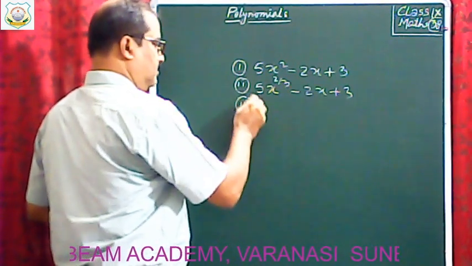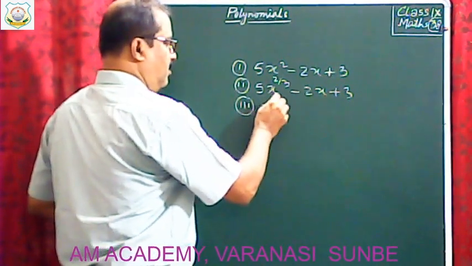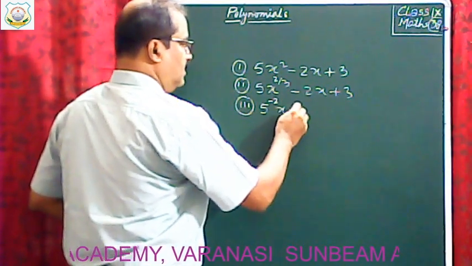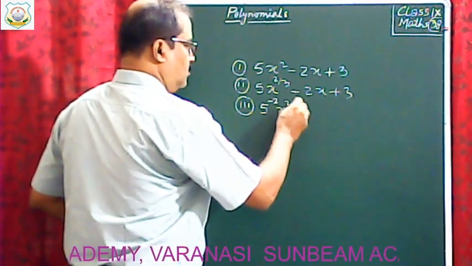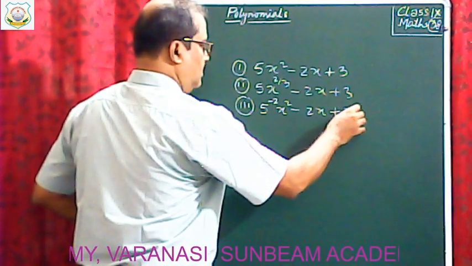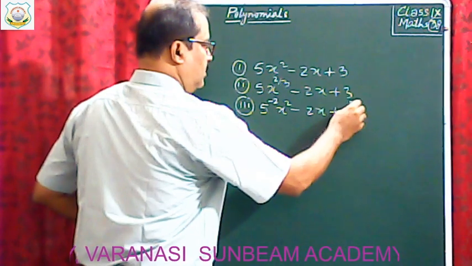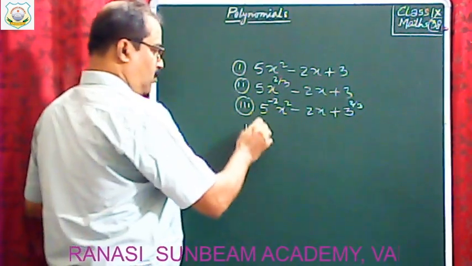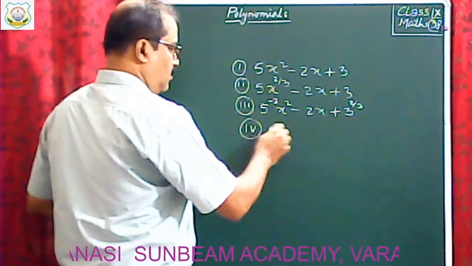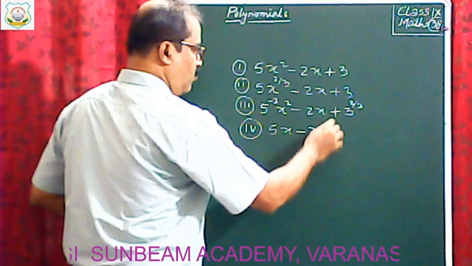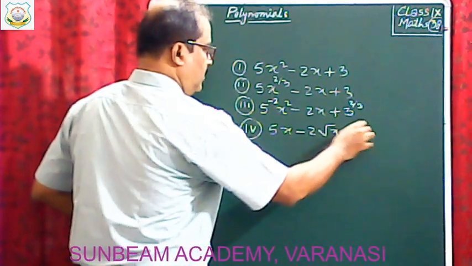Third: 5 to the power minus 2x square minus 2x plus 3 to the power 2 upon 3. Fourth: 5x minus 2 square root x plus 3.